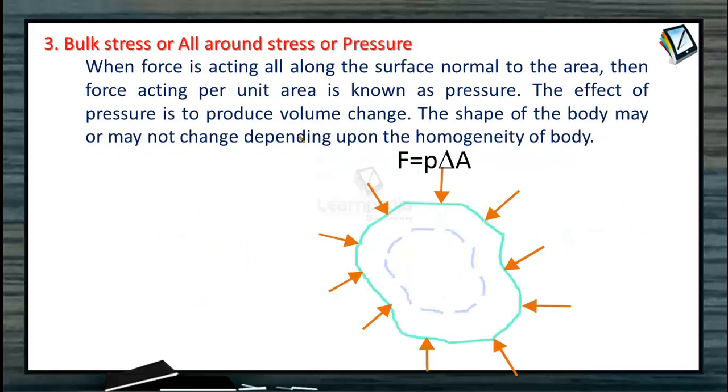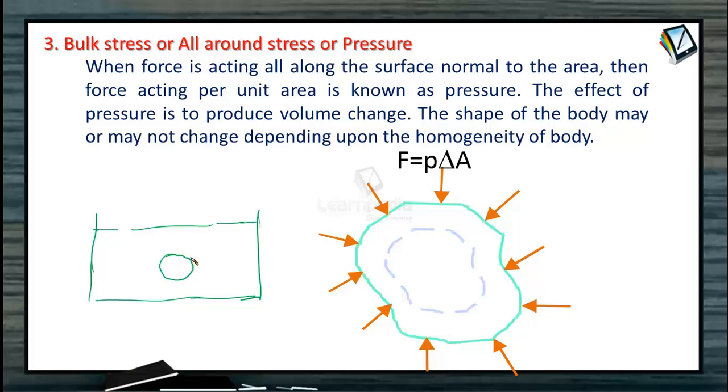And the third type of loading is basically bulk stress, or all around stress or pressure. Just consider a situation. Suppose we have a vessel completely filled with water, and there is some object inside the water.